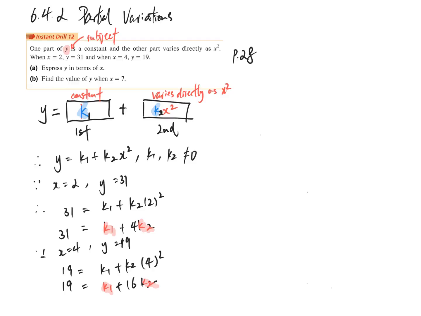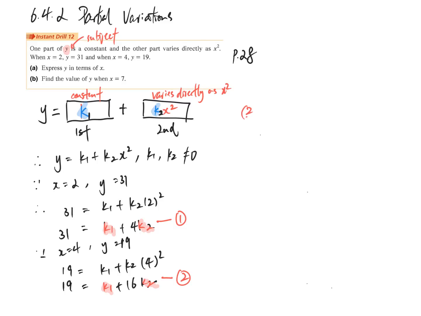In order to find the values of k1 and k2, we need to do simultaneous equations, solving equation 1 and equation 2 at the same time. So we label this one to be our equation 1, and this one to be our equation 2, and then all we need to do is simultaneous equations.